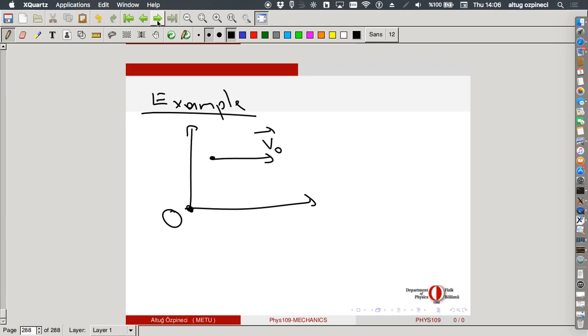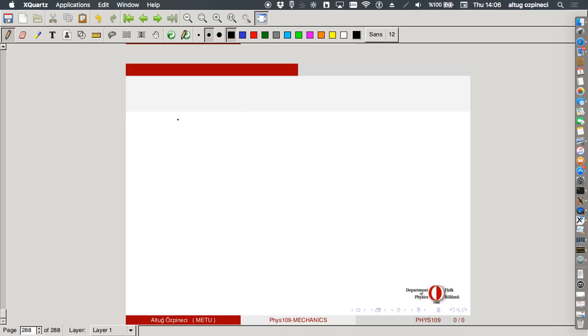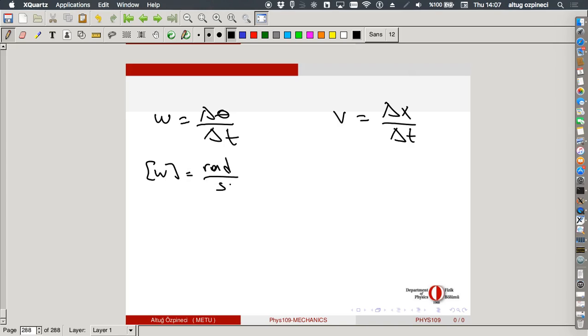Now, how do we define the angular velocity? This is the definition of the angular velocity: delta theta by delta t. This is the definition of linear velocity: delta x by delta t. Now, what is the unit of angular velocity? The unit of angular velocity is radians per second, which is in fact 1 over second.